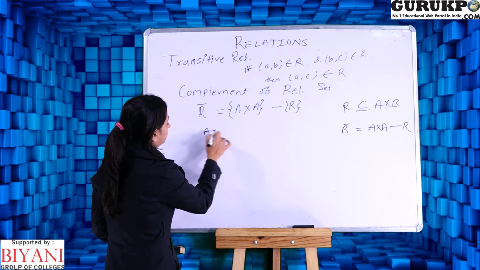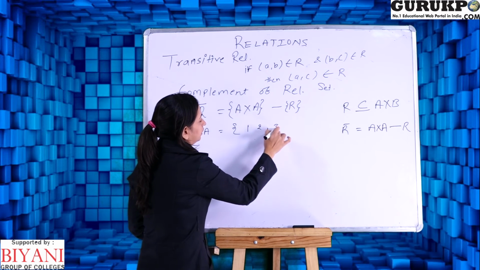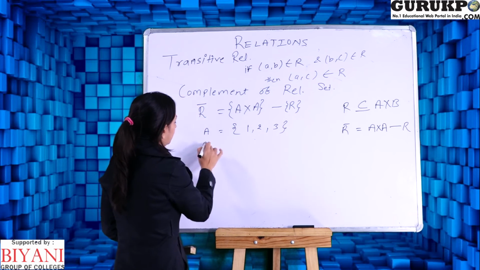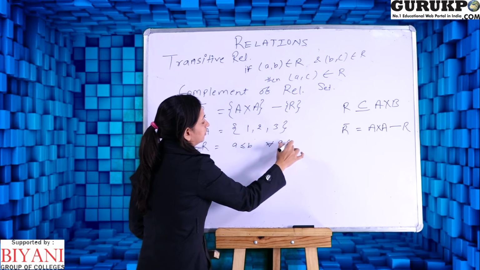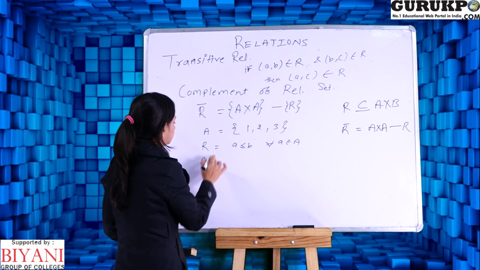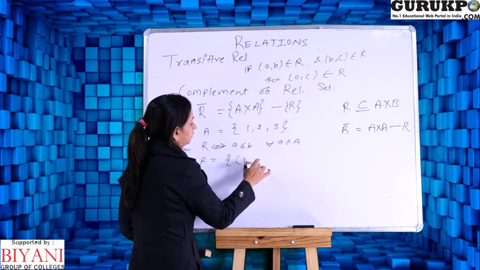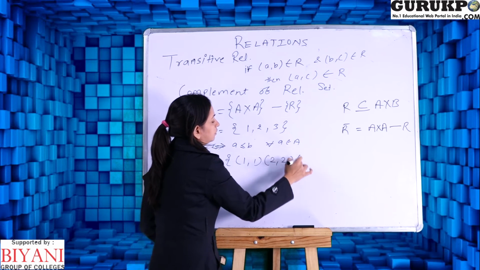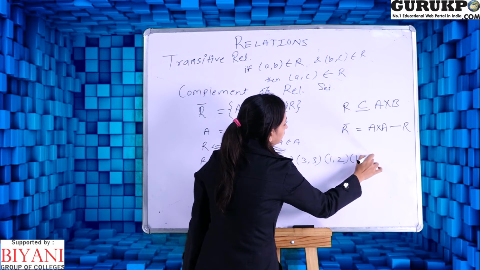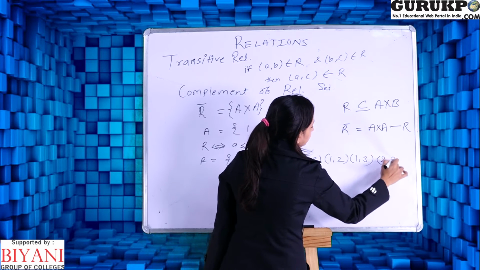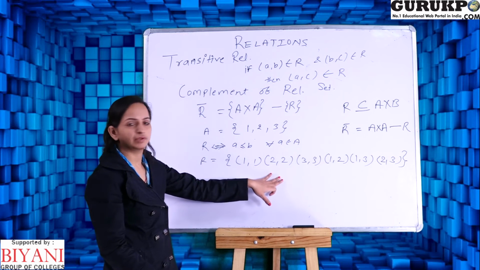If a set A is 1, 2, 3 and a relation R is given such that a is less than b for all a, b belongs to capital A. So what will be the set of relation for me? 1 1, 2 2, 3 3, 1 2, 1 3 and 2 3. This will be my set of relation, according to this condition I have derived this one.